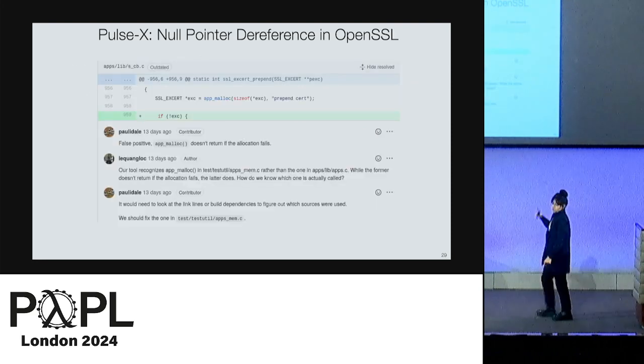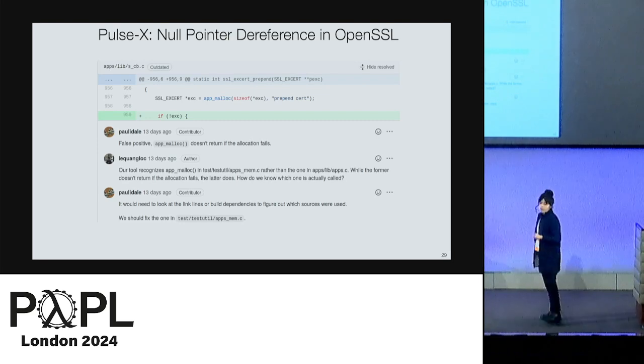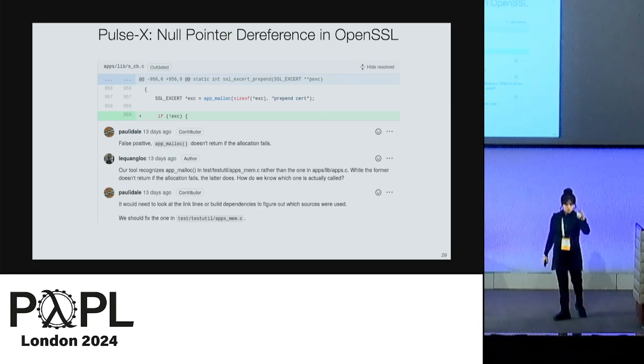So we reported this error back to OpenSSL developers, and they immediately came back and said, no, sorry, this is a false positive, because this app_malloc actually will not return if the result is null. And we were baffled at this point because we had a trace showing, here's this trace, things are going wrong, there's a null pointer dereference.